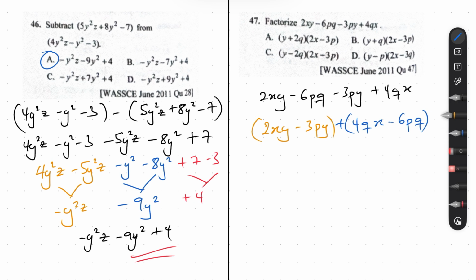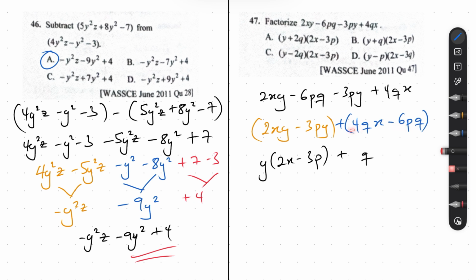Let's factor out y from here. We are left with 2x minus 3p. And on the other side, what can we factor out? We can factor q out. But apart from q, we can also factor a number out because these are even numbers.